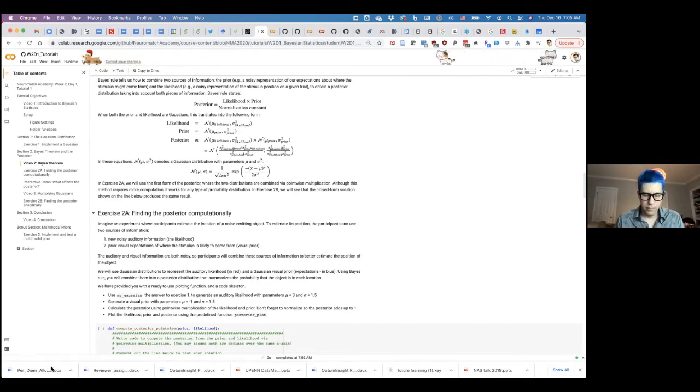So now let's see how we can multiply such Gaussians. It's time for you to implement that. You will be calculating the posterior by multiplying the two, which tells you, based on the prior knowledge and the auditory knowledge, how probable it is that the true stimulus is at each possible hypothesized location.